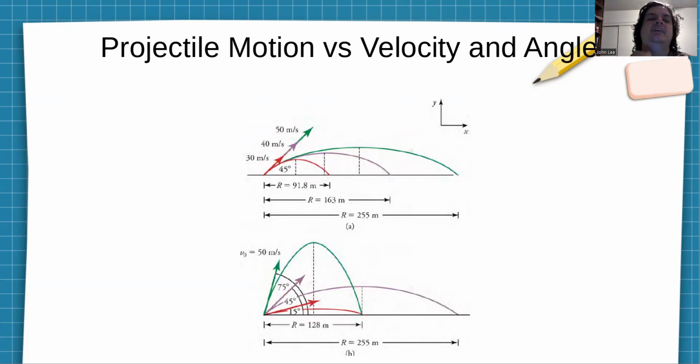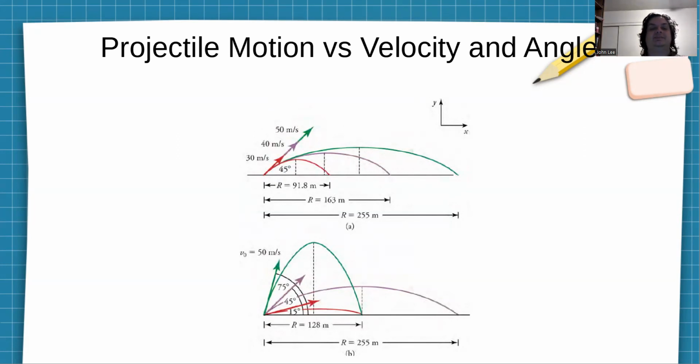And they all have different ranges, or how far the projectile goes up and then comes back down to its initial height, based on what the initial speed was. What might be slightly less obvious is that as you change the angle, but keep the same initial speed, you also change the height.